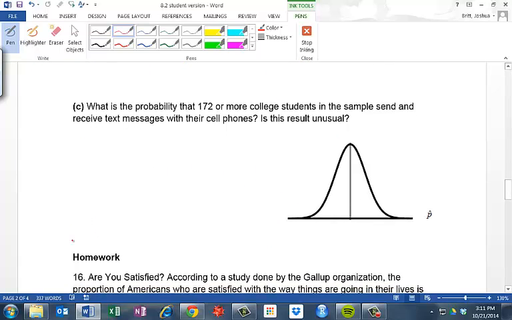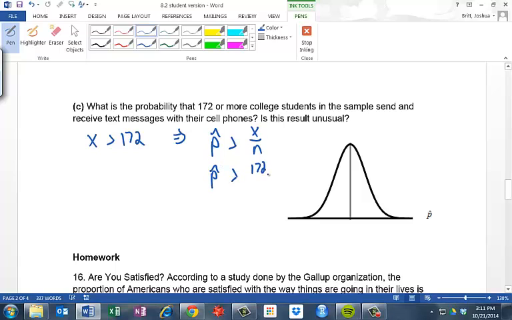What is the probability that 172 or more college students in the sample send and receive text messages with their cell phone? Is this result unusual? So X has to be at least 172, which implies that p hat is greater than x over n.